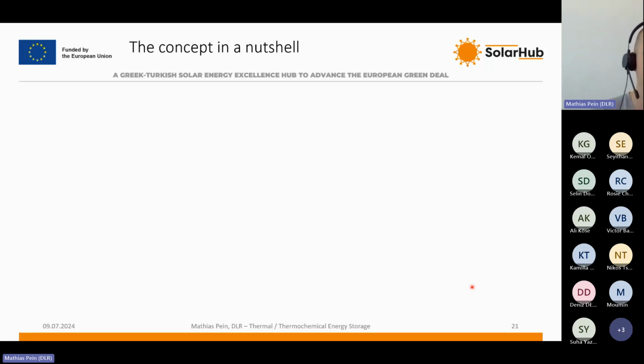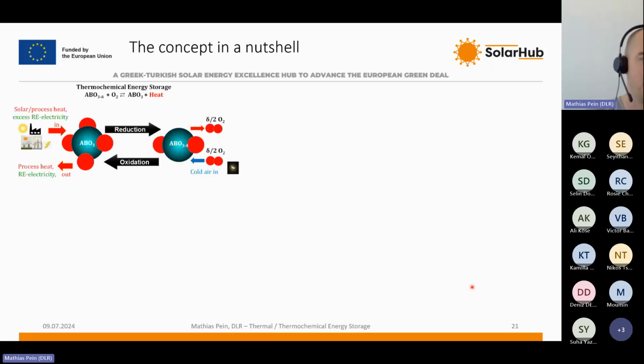Looking at the time, I conclude to summarize the concept of thermal, or especially thermochemical energy storage, which is the utilization of redox oxides or metal oxides that are reduced during heat up, release oxygen in an endothermal reaction, and thereby increase the heat capacity available. And then during the cool down, oxygen is absorbed again in an exothermal reaction, the oxidation reaction, and the heat is released again.